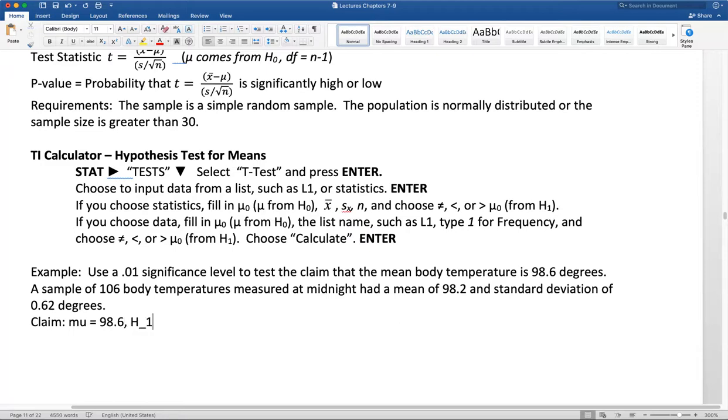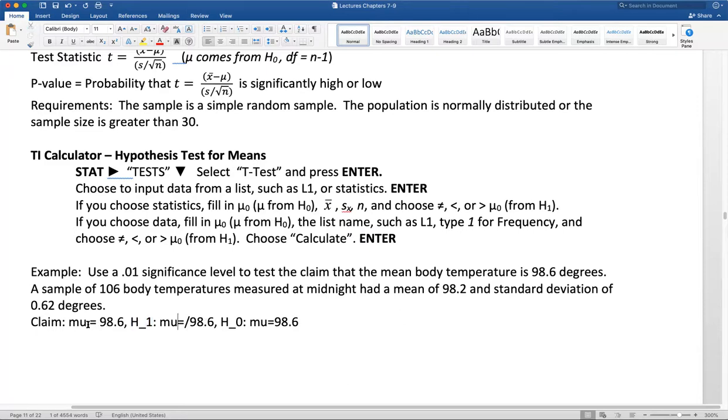Let H1 be mu is not equal to 98.6. And then H0 is mu equals 98.6, right? Because I told you the alternative hypothesis should not include the equal sign, so mu is not equal to 98.6.